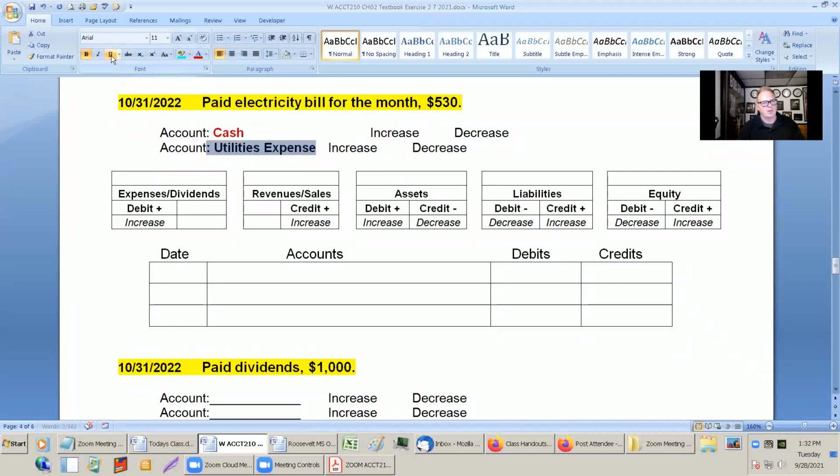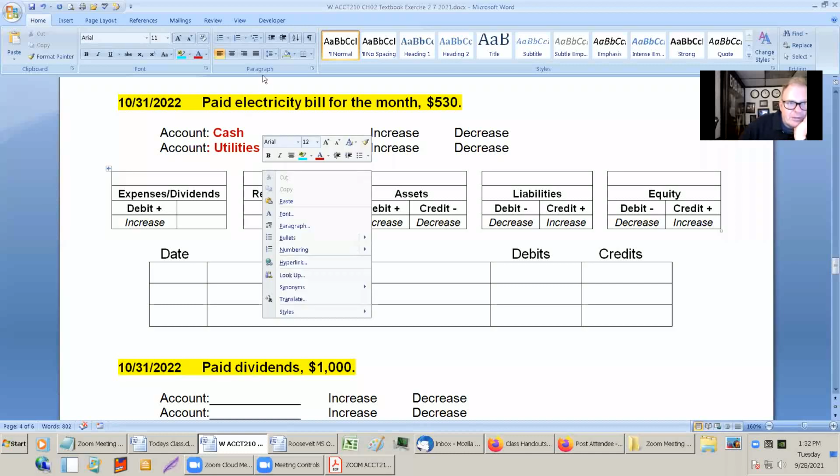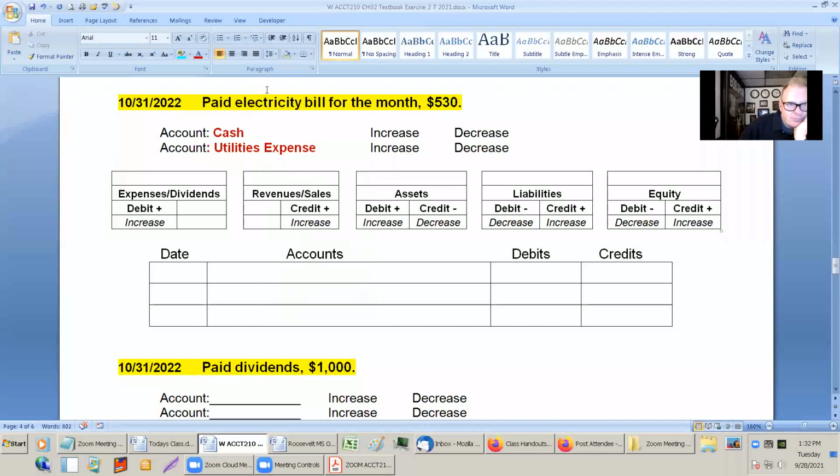Which one is the debit? Utilities, right? Yep.